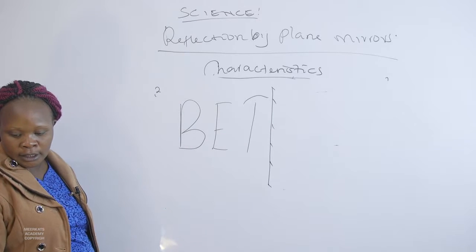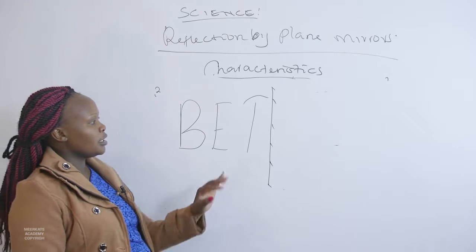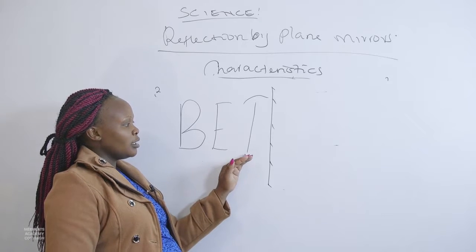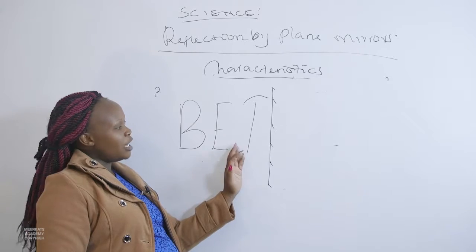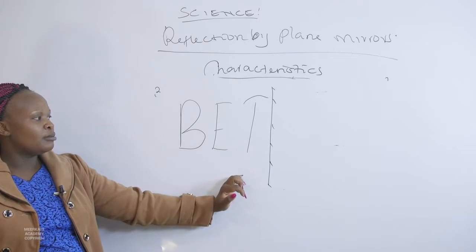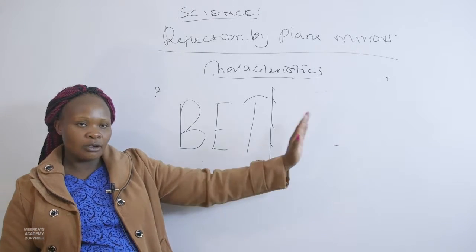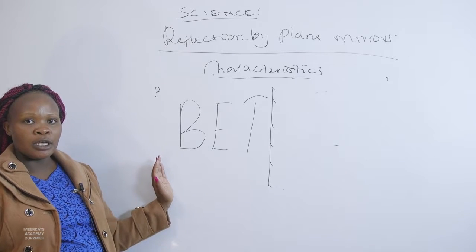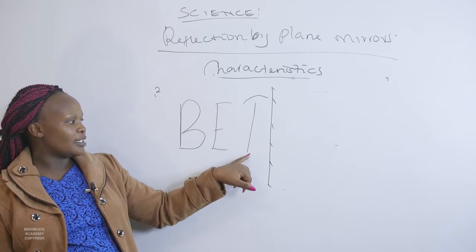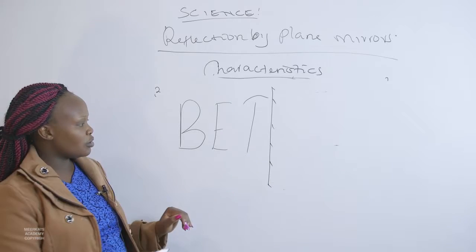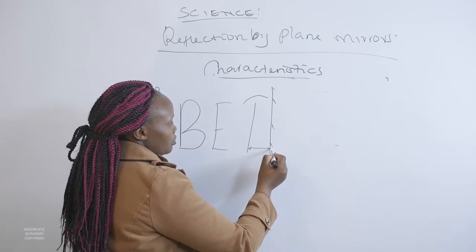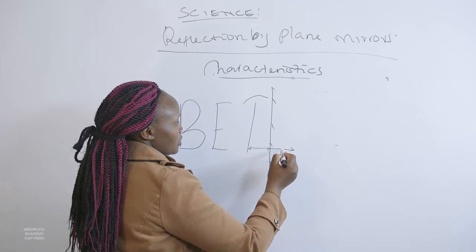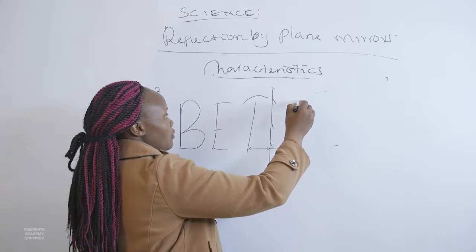Once you reflect, we said the image should be as far behind as the object is in front. So our letter T will be the first one, because this is the distance we are talking about here. It should be the same distance there. Therefore, you have your T.